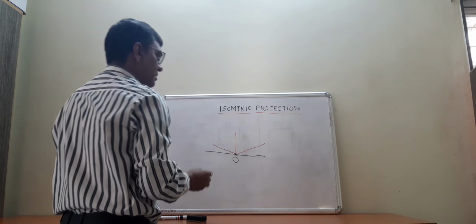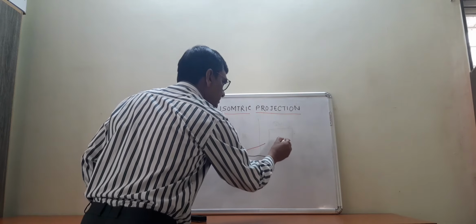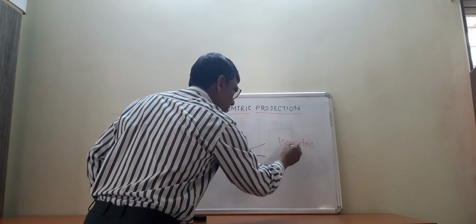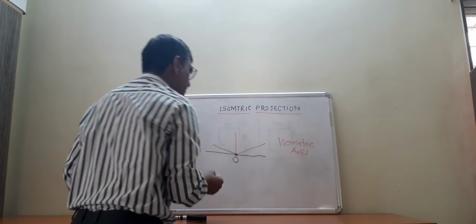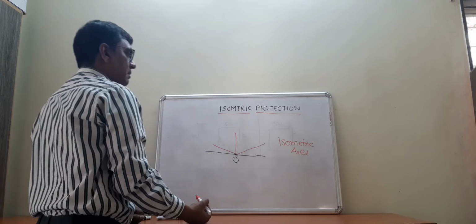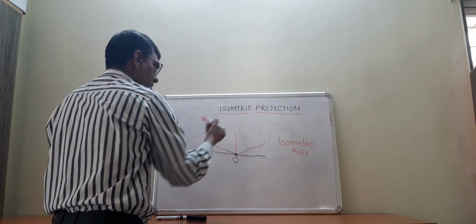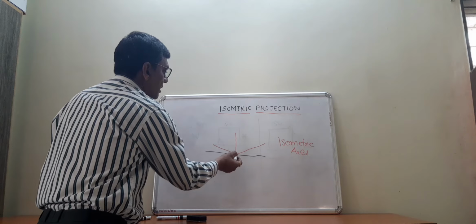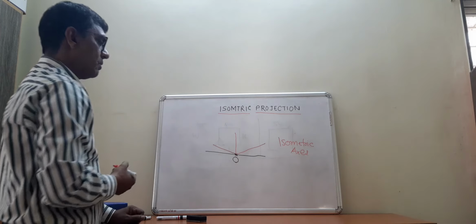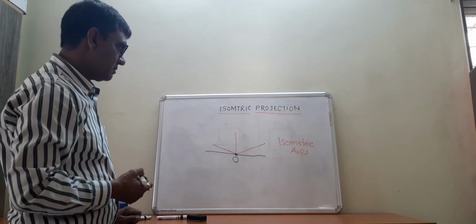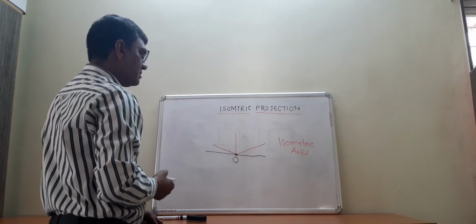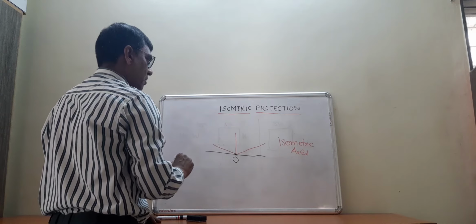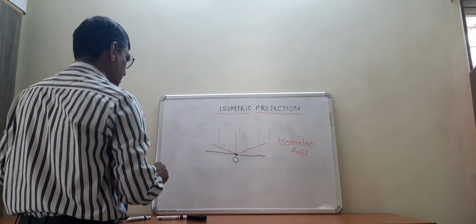These three lines, these are known as isometric axis. This line can be called as length axis. Vertical line will be known as height axis, and the line which is going on the left, it can be known as width axis.